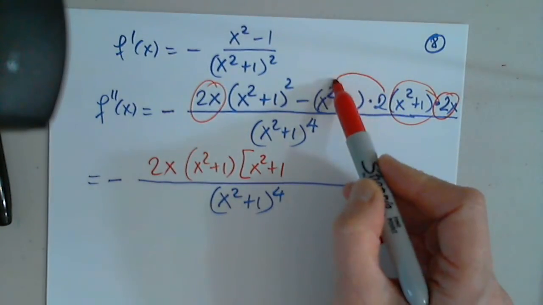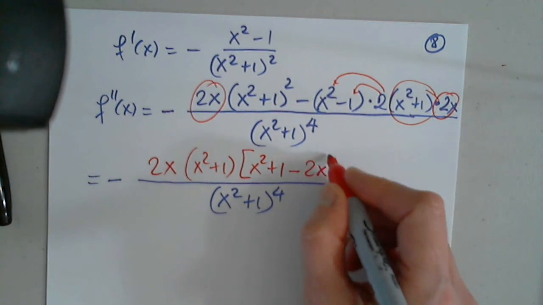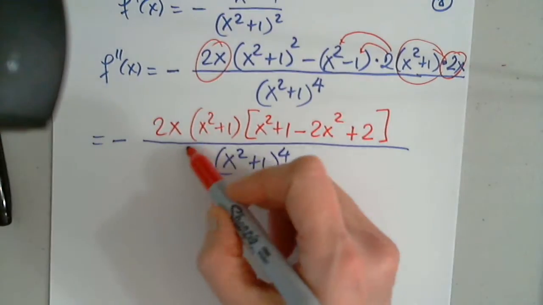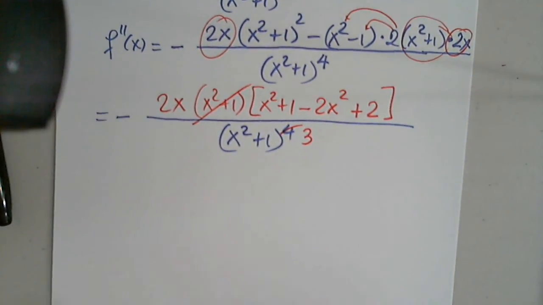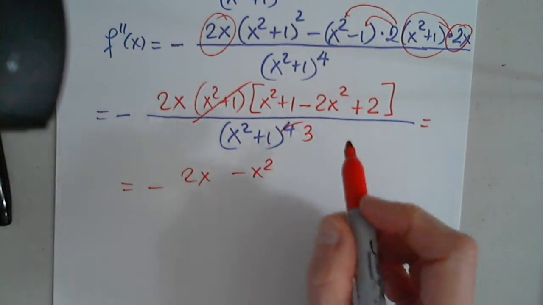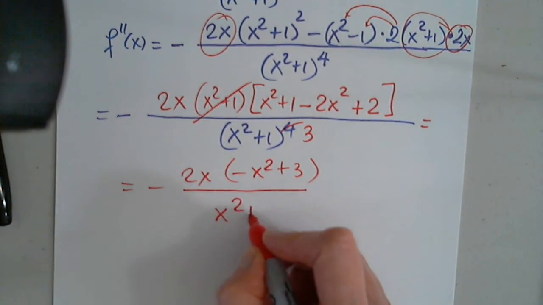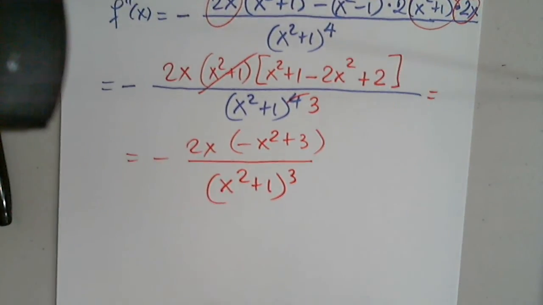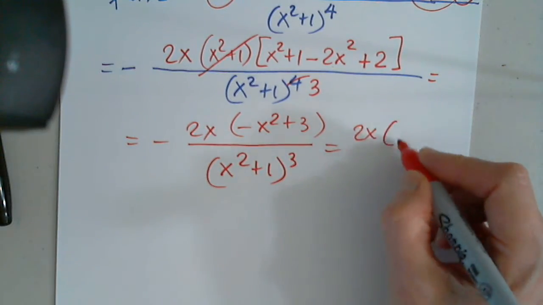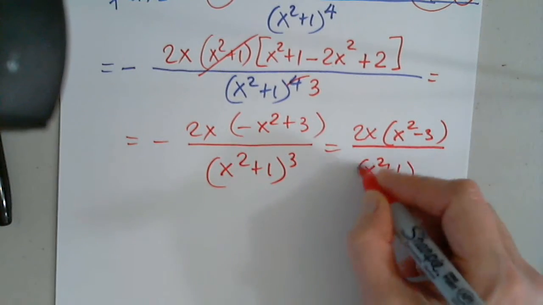So I have to distribute 2 in here, keeping in mind there is a negative. So negative 2x squared and then plus 2. Very good. Awesome. Look at this. I can even simplify a little bit: negative 2x, negative x squared, plus 3, over x squared plus 1 to the third. Yes, negative is out. It will take care of that: 2x, x squared minus 3 divided by x squared plus 1 to the third.